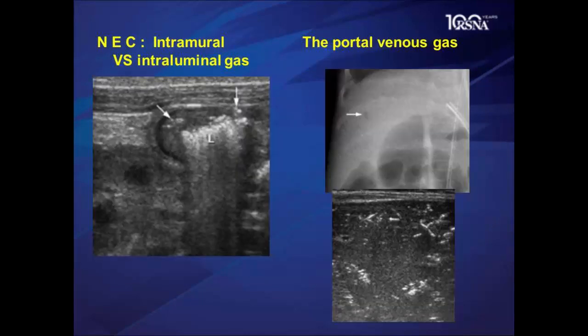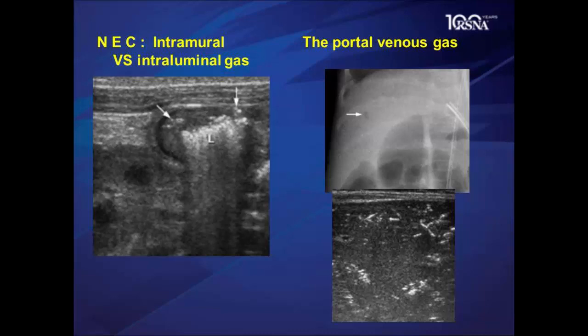On ultrasound, one has to get a high linear transducer and be patient and observe the bowel loops in all quadrants of the abdomen. Here, luminal air, this is content. One would watch the thickness of the bowel, and those are bubbles. So intramural versus intraluminal air.